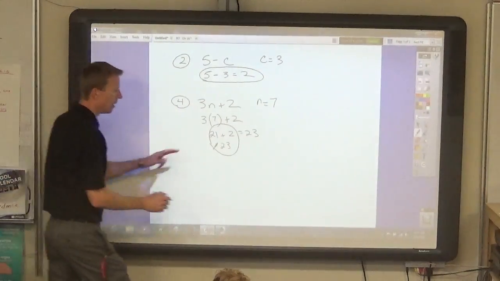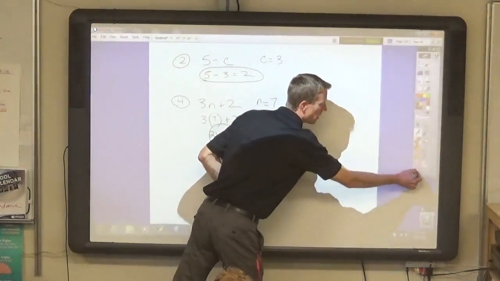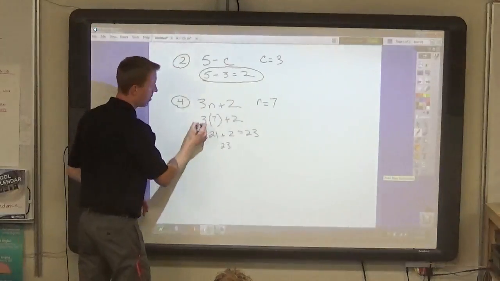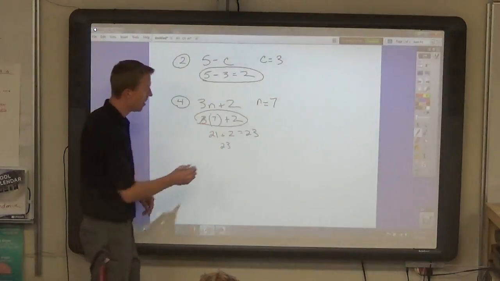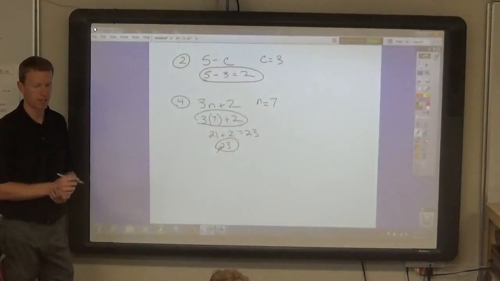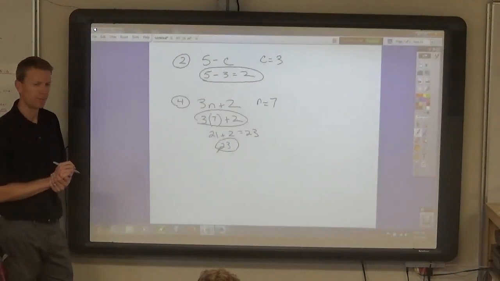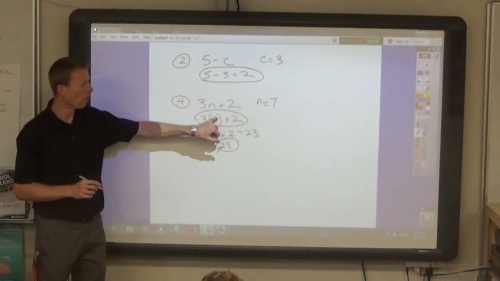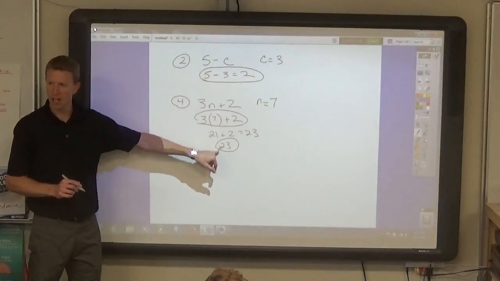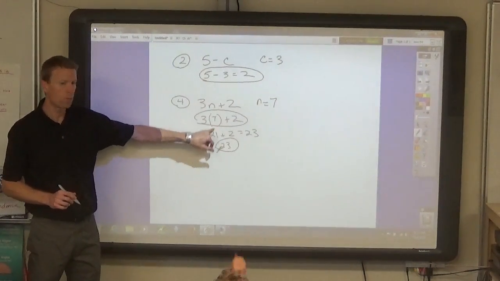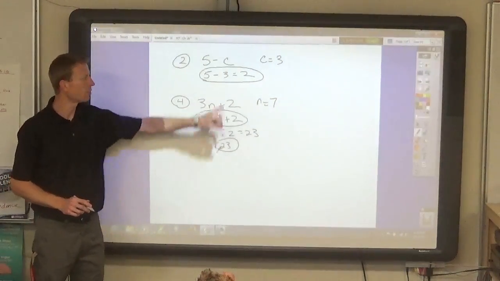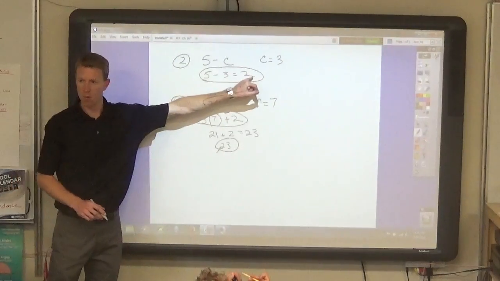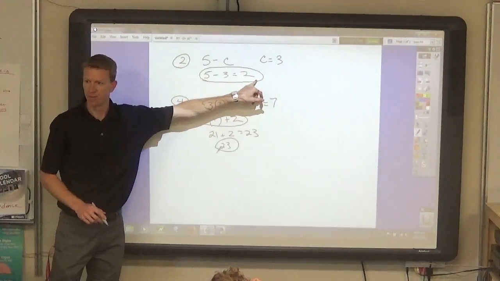Or I'm sorry, in this case, the first answer is this, because that shows the substitution of the 7, and then the second answer is this. Okay? So circle both. Circle the substitution and the answer. This is a 2-point question. This one's also a 2-point. One for substituting the number, and one for the correct answer. All right?